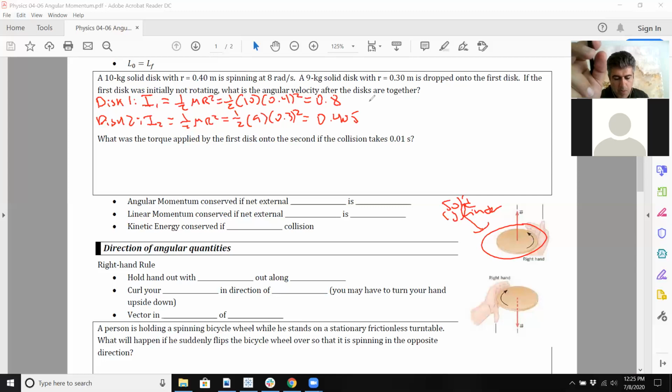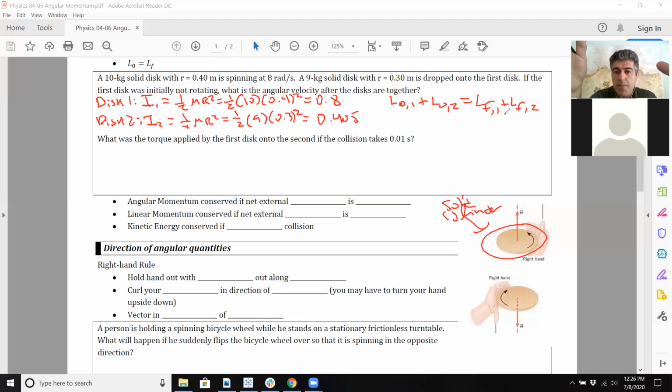Now, remember, we want to conserve our angular momentum. So the initial angular momentum for the first disk plus the initial angular momentum of the second disk is going to equal the final angular momentum of the first disk plus the final angular momentum of the second disk.